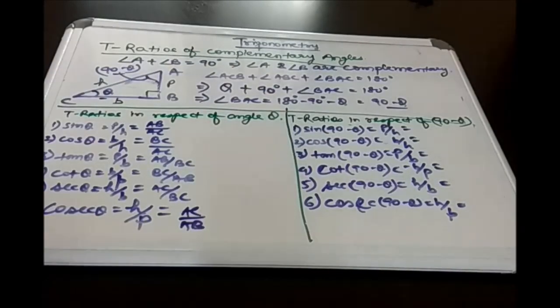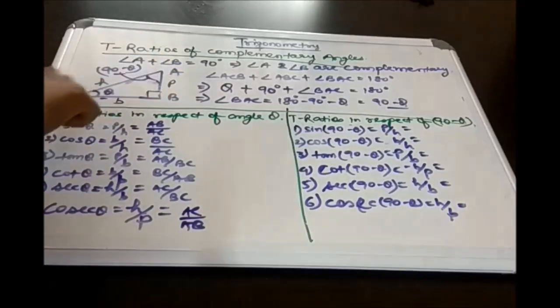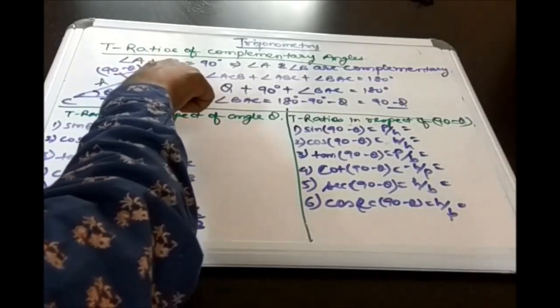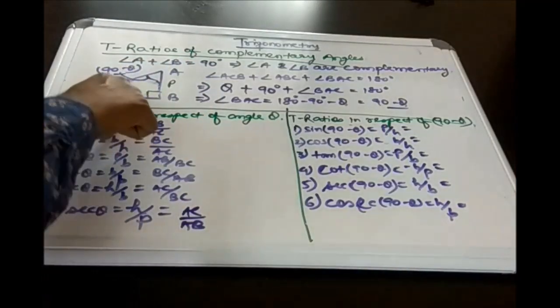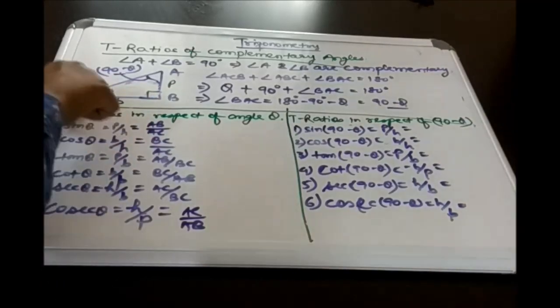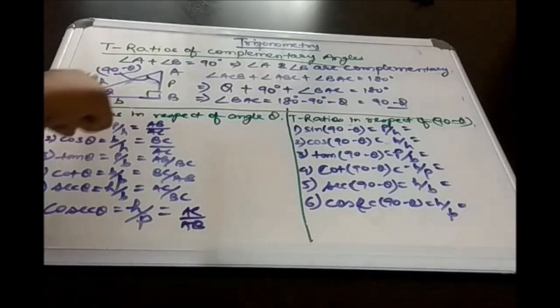While we were writing trigonometric ratio in relation to the angle ACB, that is angle theta, we mark the side which is opposite to theta as perpendicular, the other side which consisted of 90 degree as base, and the third side as hypotenuse. So now we are writing trigonometric ratio in relation to angle 90 minus theta.